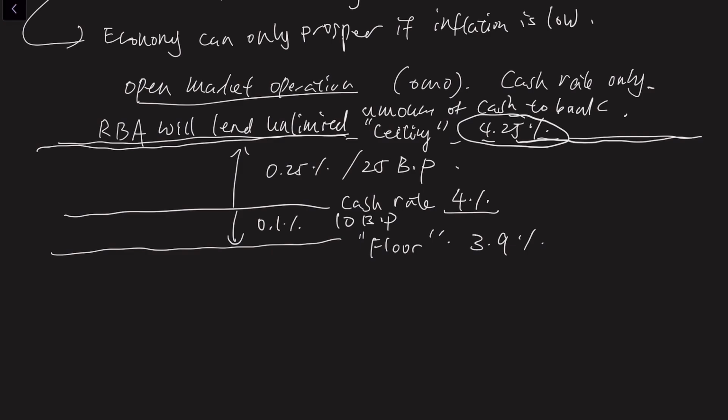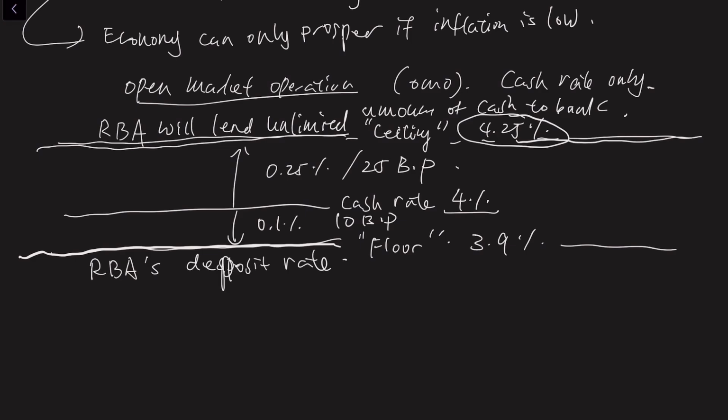If banks like Commonwealth Bank want to borrow from the RBA, instead of paying the 4% cash rate, they need to pay 4.25%, and the reason for this will become clear later. And this floor of 3.9% is the RBA's deposit rate.